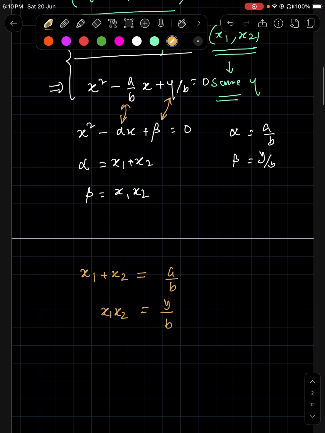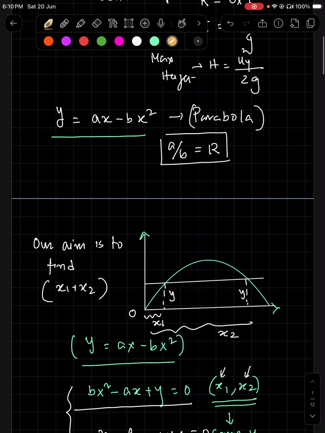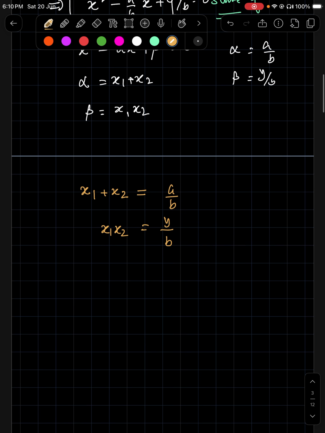So what we have achieved is that x1 plus x2 is a by b. Since we already know that a by b is the range, the sum of the horizontal distances at which the projectile can reach the same height is the range of the projectile itself.